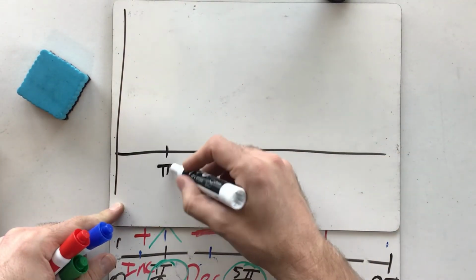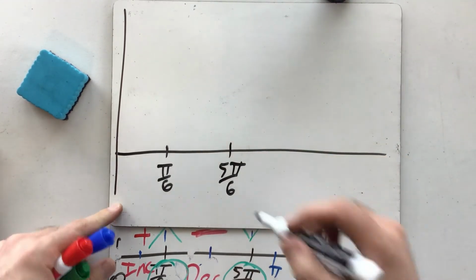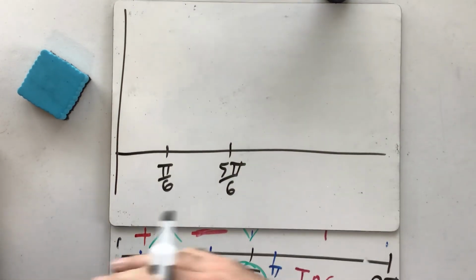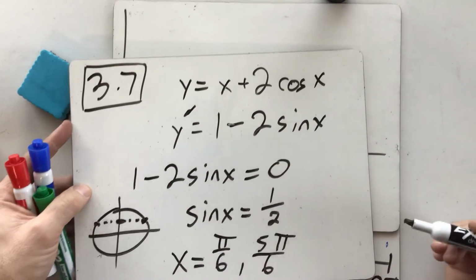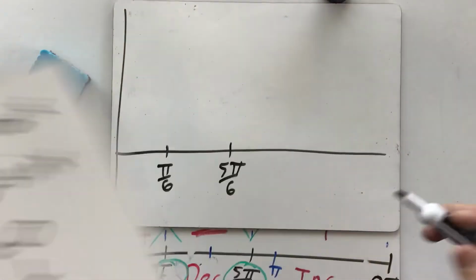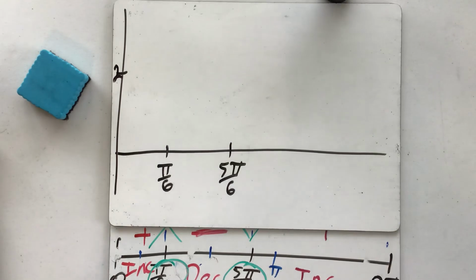Let's put pi over 6 right here and 5 pi over 6 right here. And then I actually can figure out what 0 is because I know my function is x plus 2 cosine of x. So at 0, that's 0 plus 2 cosine of 0. Cosine of 0 is 1. So I actually start at 2. So let's just put 2 right here for our starting value.